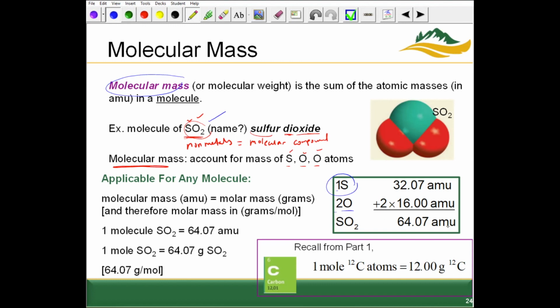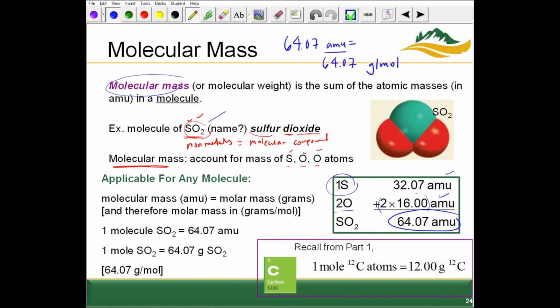Then we add these together. There's 1 sulfur atom, there's 2 oxygen atoms, so 32.07 plus, in parentheses here, 2 times 16 for the oxygens, gives us this molecular mass of sulfur dioxide.